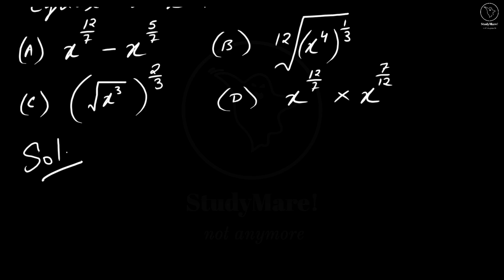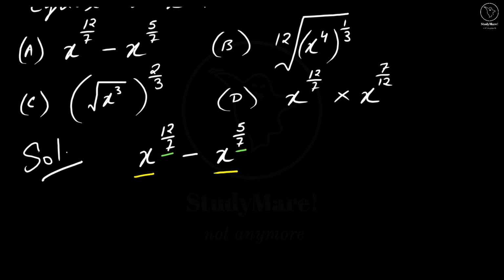Let's start with the first option, which is x to the power 12 by 7 minus x to the power 5 by 7. We have x here as well as here, and the powers are different. We have 12 by 7 and we have 5 by 7.